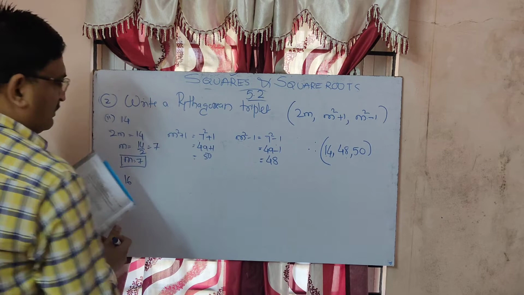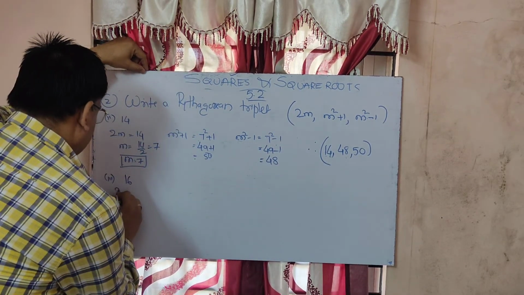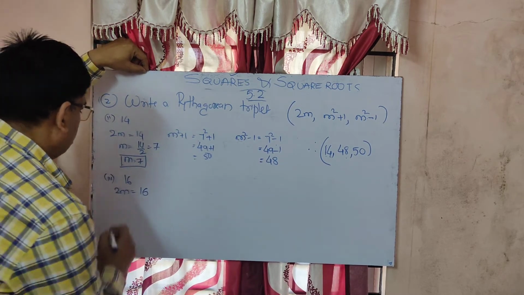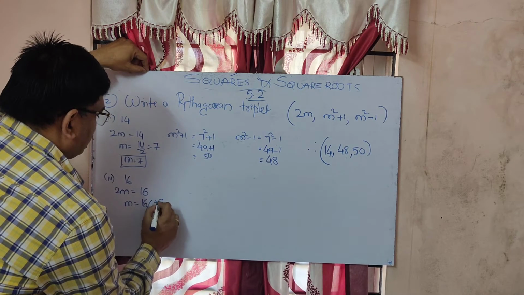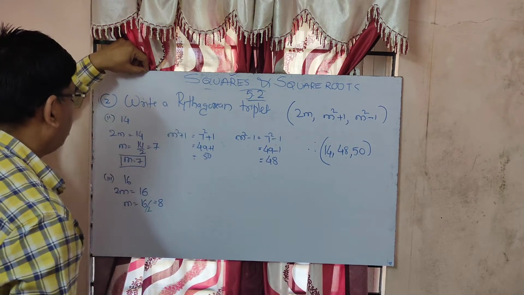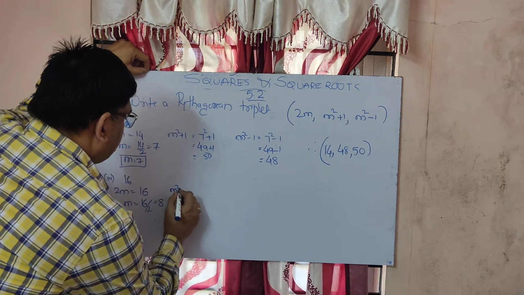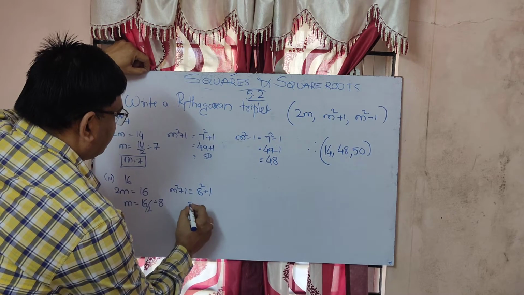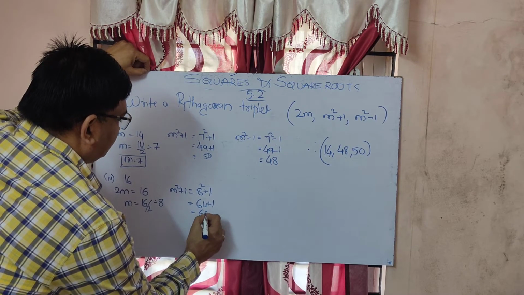16. So again, what you have to do? First of all, you have to write 2m equal to 16. So what is m equal to? 16 divided by 2. That is how much? 8. Now we got the value of m. Again, you have to find m square plus 1. 8 square plus 1. 8 square is how much? 64 plus 1 is 65.